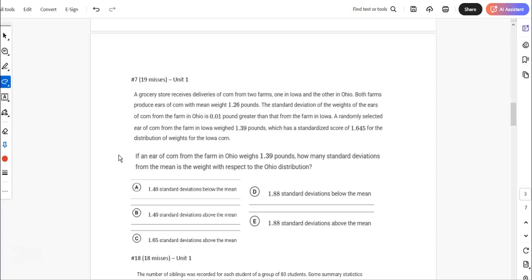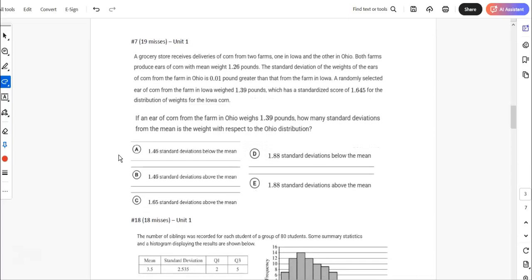Number 7. A grocery store receives deliveries of corn from 2 farms, one in Iowa, the other in Ohio. Both farms produce ears of corn with a mean weight of 1.26. The standard deviation from Ohio is 0.01 greater than that of the other one. A randomly selected ear of corn from Iowa weighs 1.39 pounds and has a standardized score of 1.645.